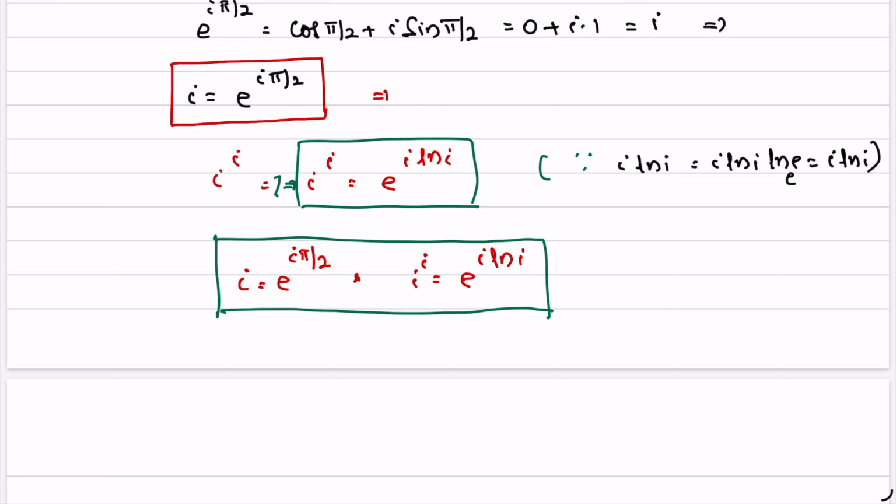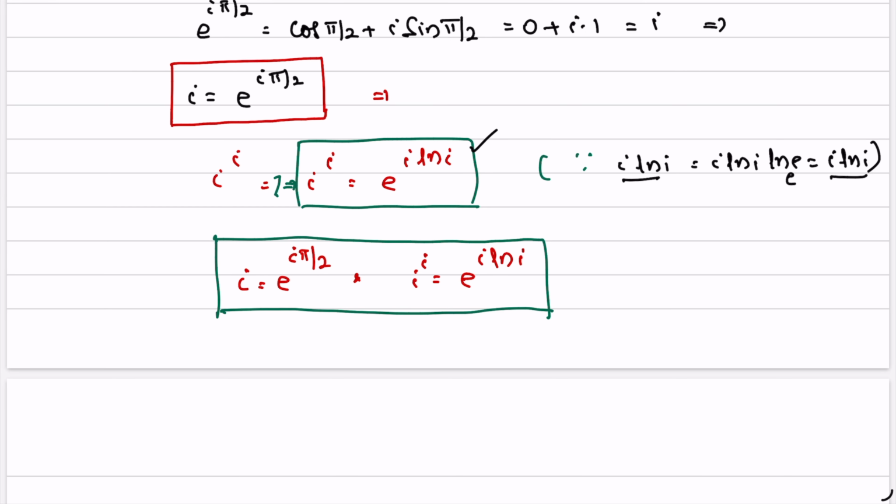If you take logarithm on both sides of this equation, left hand side is equal to right hand side. That means i to the power of i is equal to e to the power of i ln i, where i is equal to e to the power of i pi by 2.